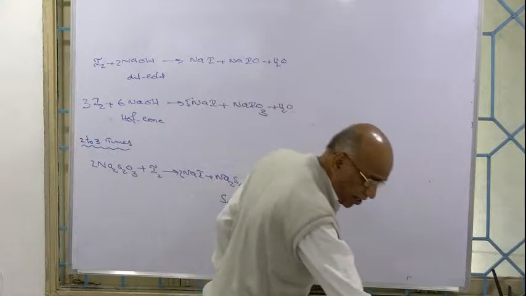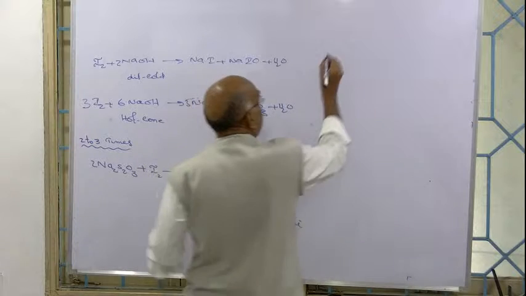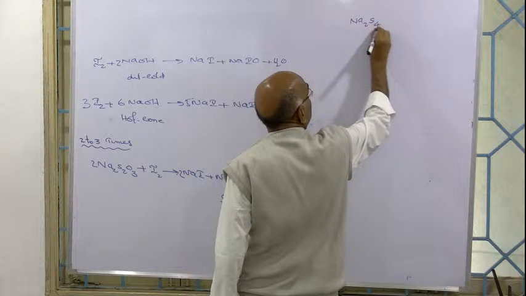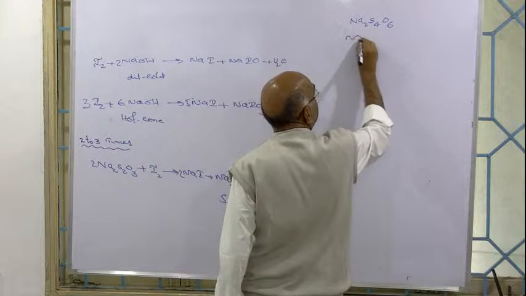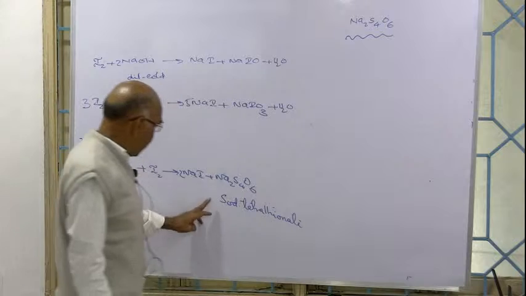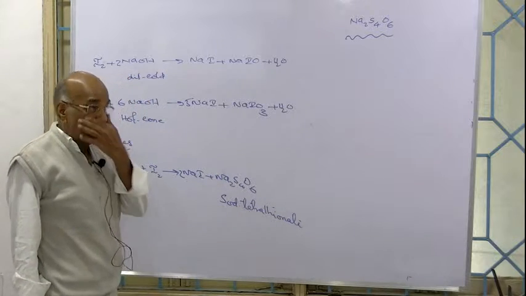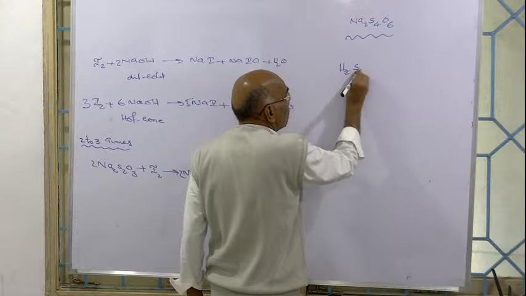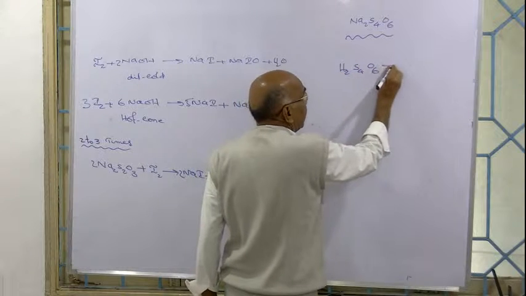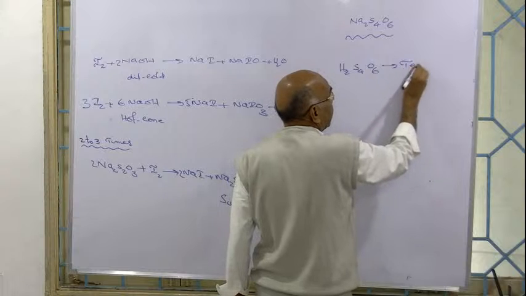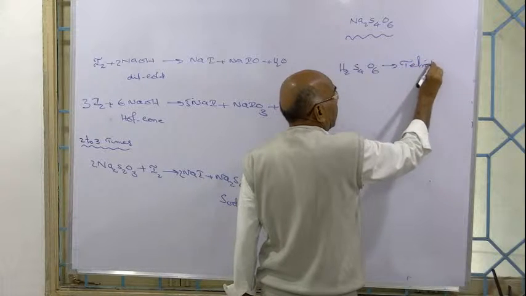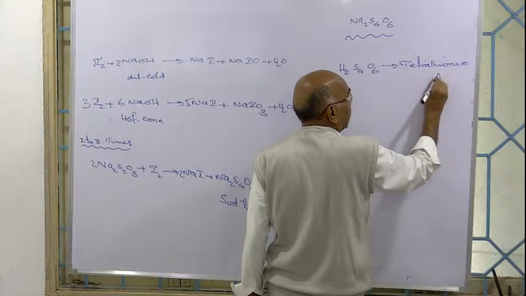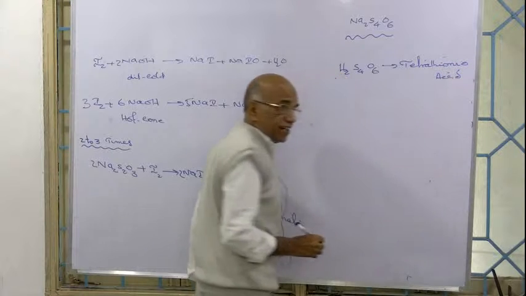If you want to write the structure, go for the corresponding acid. Na2S4O6 is sodium tetrathionate. The corresponding acid is H2S4O6, tetrathionic acid.